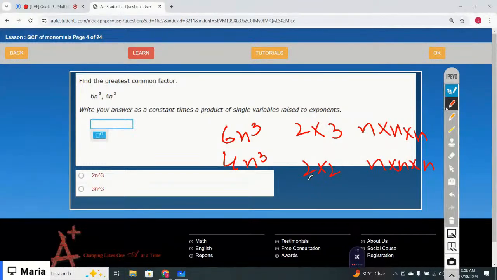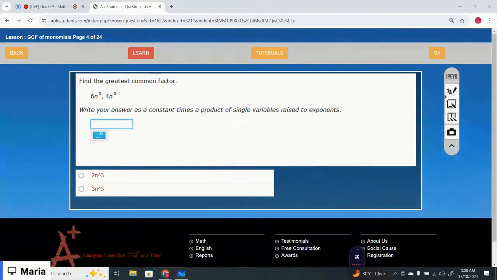So 2 is common and n cube is common, right? So the correct option is 2n cube. Got it? Option number 1 is the correct option, that is 2n cube.